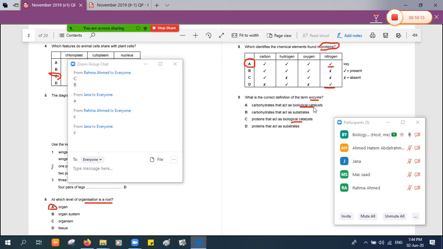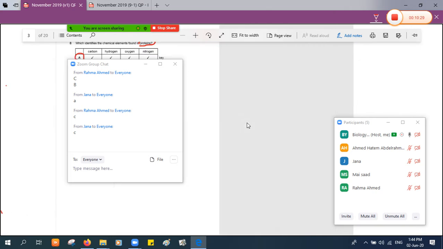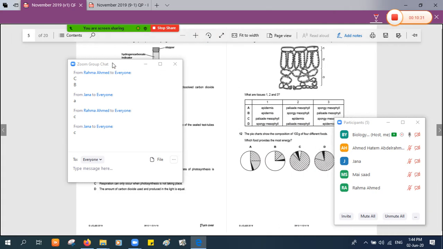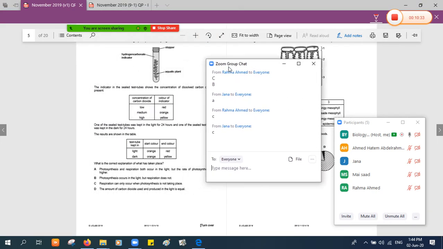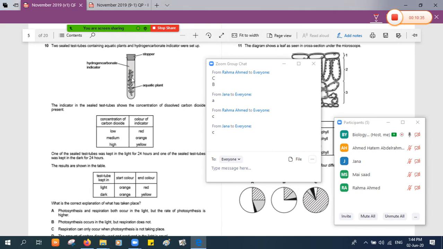No, wait. Yes, protein, yeah. So it will be C. Excellent. I was going to say no for carbohydrates. Of course, enzymes are not carbohydrates. So the correct answer is C. Thank you. Let's move to the next one. And Rahma, you say C too. Great.